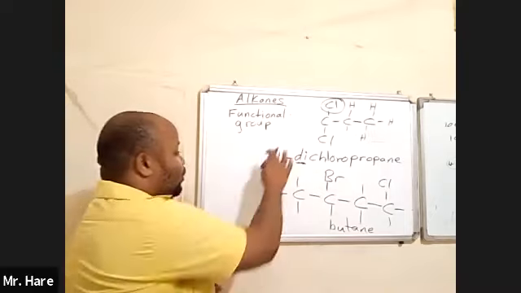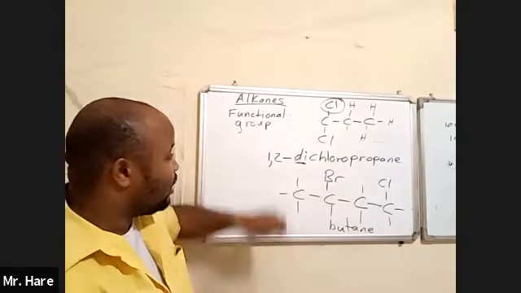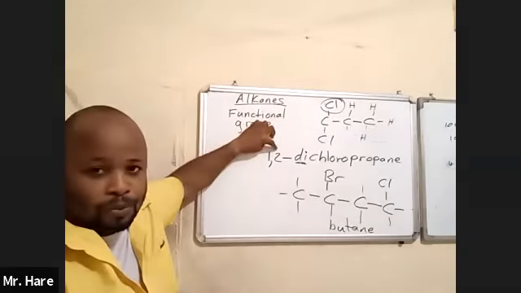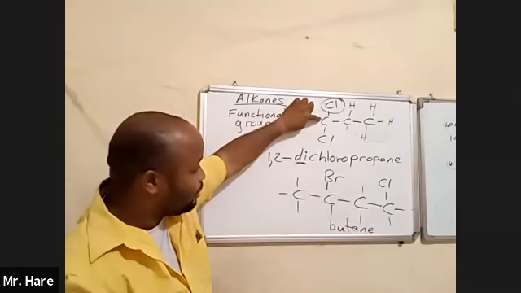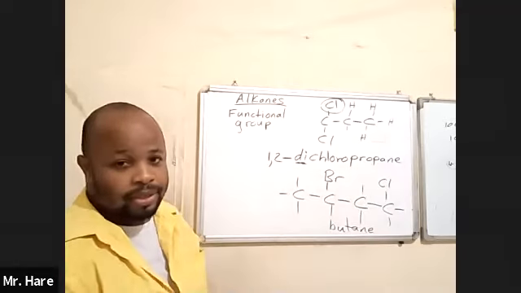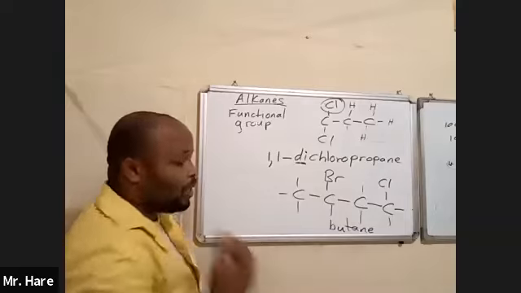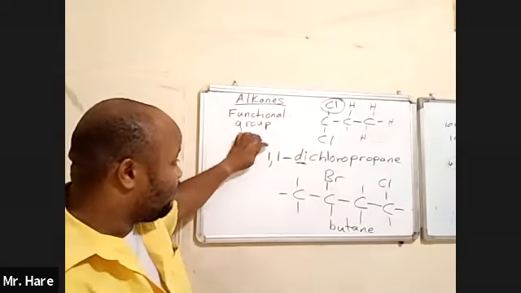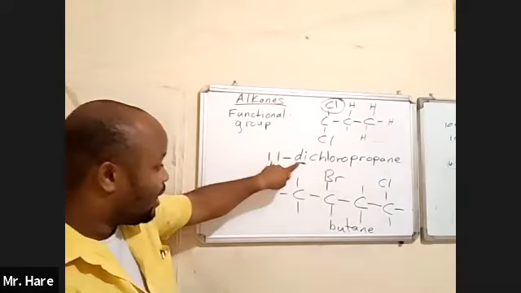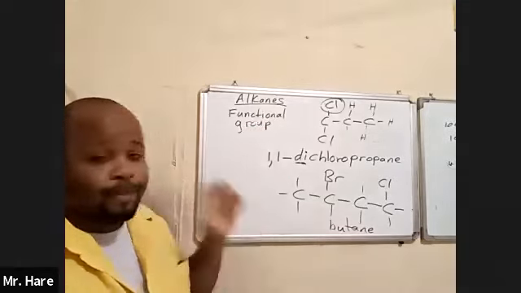If you put 1,2, it is telling you that one of the chlorine is attached to carbon 1, and the next chlorine is attached to carbon 2. That is not the case here. Both of them are attached to carbon number 1. That is why you have to put 1,1 to let us know that both of them are attached to carbon number 1. The di tells you the amount, the number tells you the position.